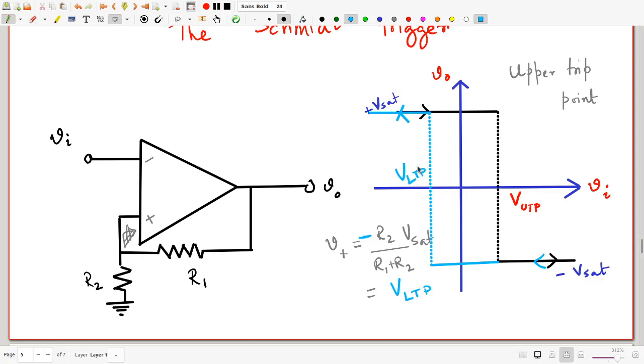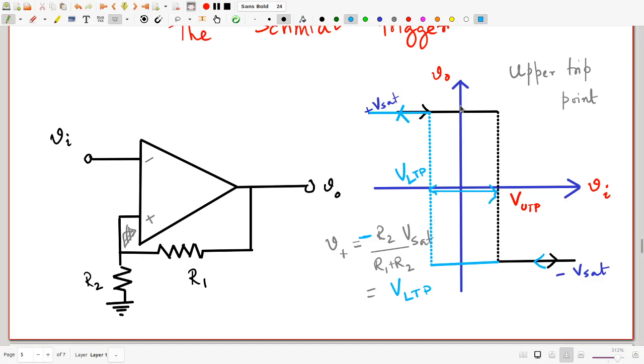But notice that in between VLTP and VUTP, if you have a value of input voltage between these two ends, then something rather strange happens. If Vi is less than VLTP on this side, the output is definitely plus Vsat. If Vi is more than VUTP, the output is definitely minus Vsat. But if Vi is somewhere between the two trip voltages, then the output will depend on history.